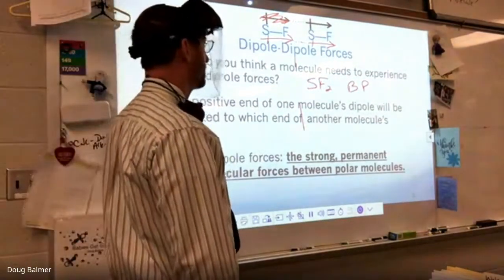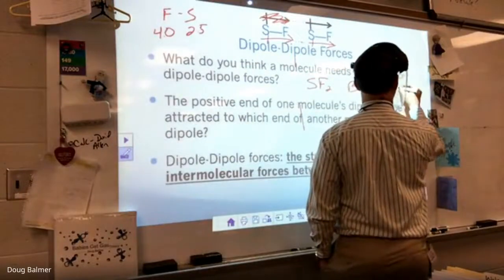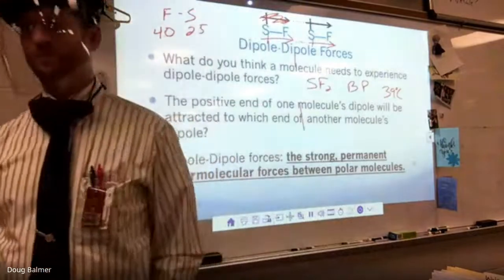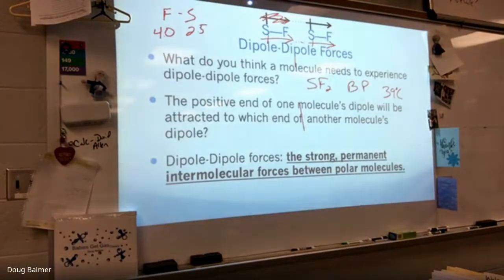It is 39 degrees Celsius. So methane, what is it? It boils at what, negative 160? All it takes is a little dipole-dipole attraction, and now it's going to be a lot stickier.